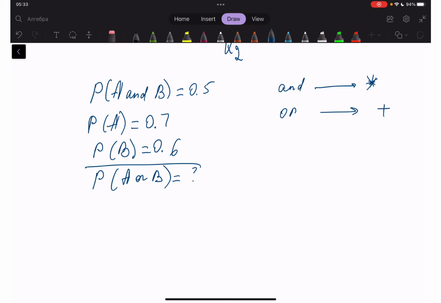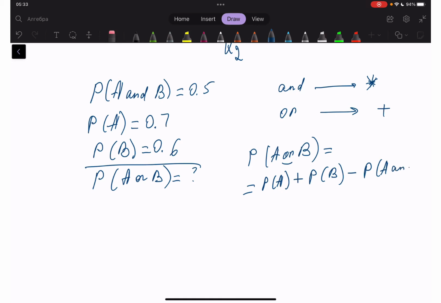Okay, so let's understand this probability A or B. The formula for this, let me rewrite it nicely. Probability of A or B is equal to probability of A. See, because we have or, we are using plus probability of B, and minus the part where they are overlapping each other. I will explain.